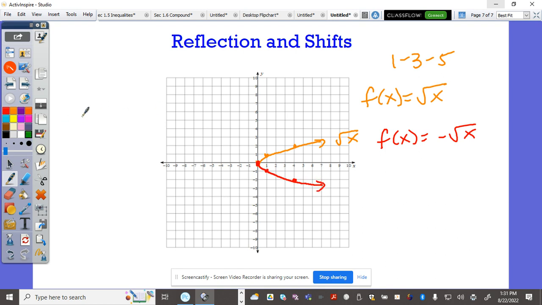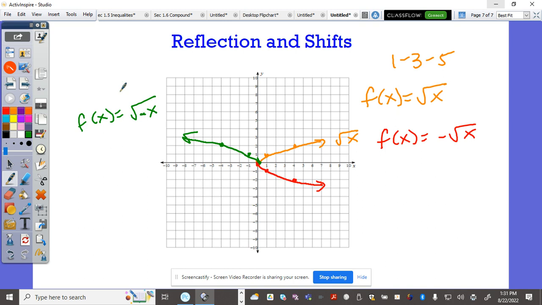If we have f of x equal to square root of negative x, that goes up 1 over left from the origin, up 1 over 3. The graph goes in the negative direction because you can only accept negative values there, since there's a negative inside.